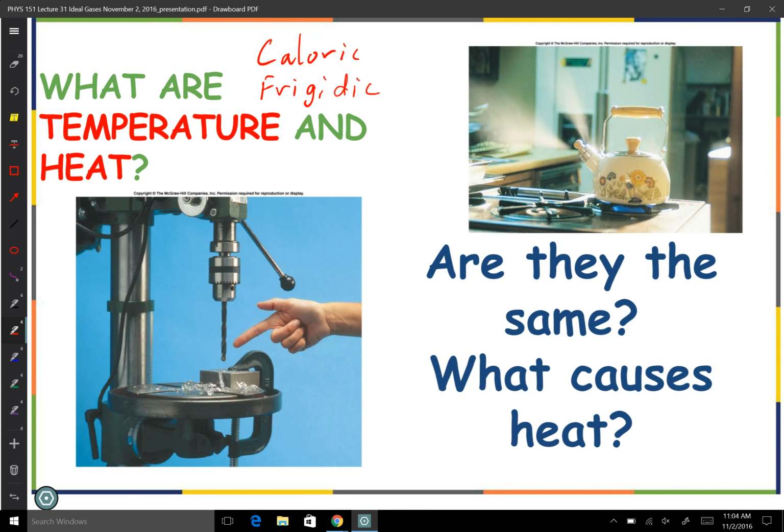And then, we have Joule's experiment that gave us an actual relationship for that. And so the idea of the frigidic and the caloric has now been completely abandoned. We don't believe there's a fluid magically going through material that makes it heat up or cool down. It's just a transfer of energy. But that's a little history on that.